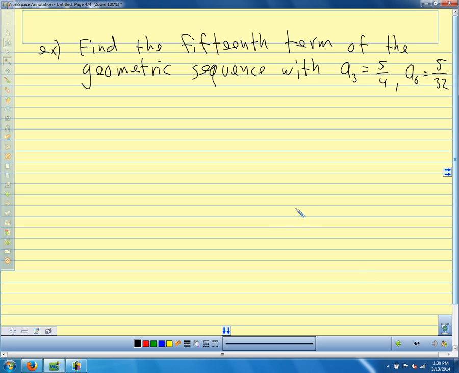So we're going to go through a similar process to the one that we did with arithmetic sequences. This tells us 2 pieces of information, so we're going to use these 2 terms to write 2 equations.